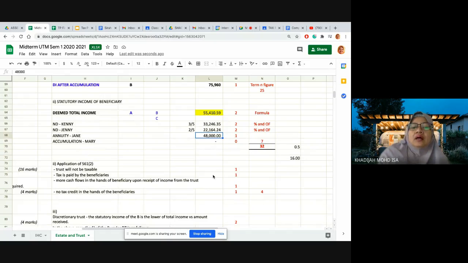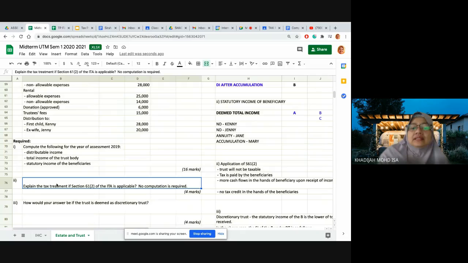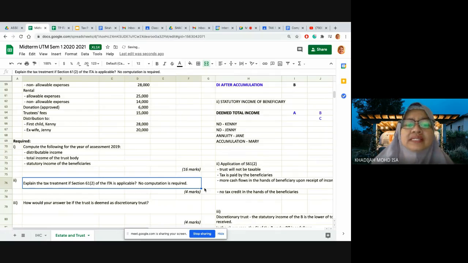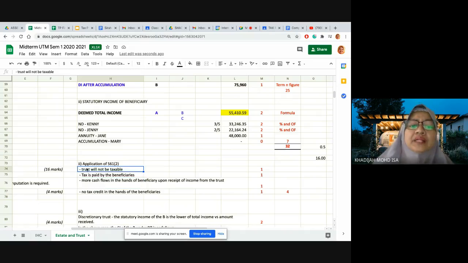Okay, so this is the question where I say, explain the tax treatment. Alright, you explained what 61(2) is. Right, when you copy from the textbook, I know that you are not actually answering my question. My question is, what is the tax treatment? Tax treatment for 61(2). No computation is required. So actually with 61(2) it means that the trust will not be taxable.